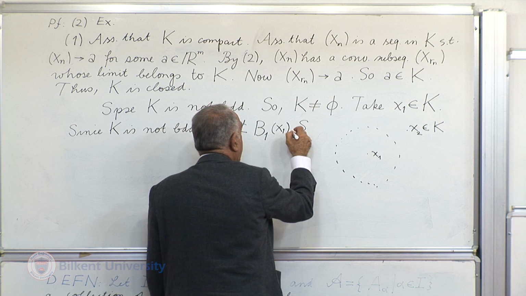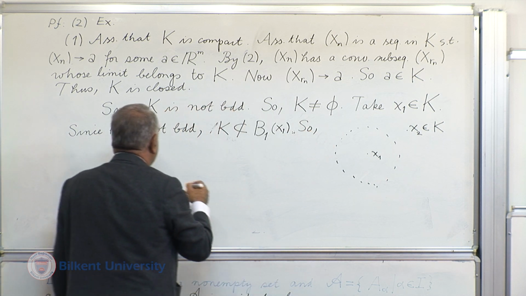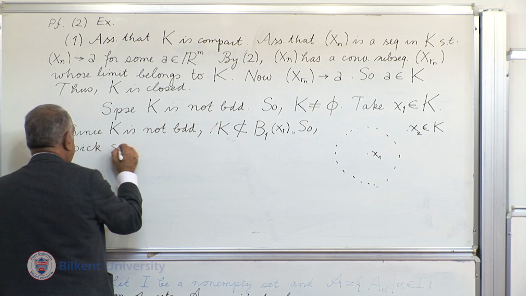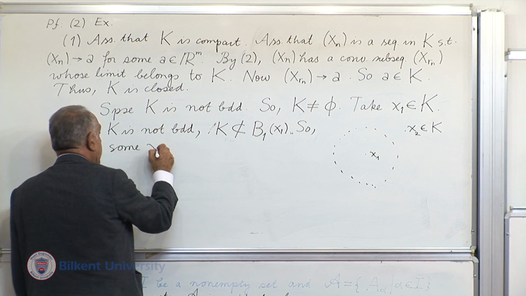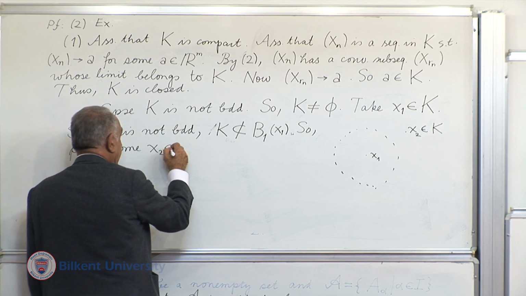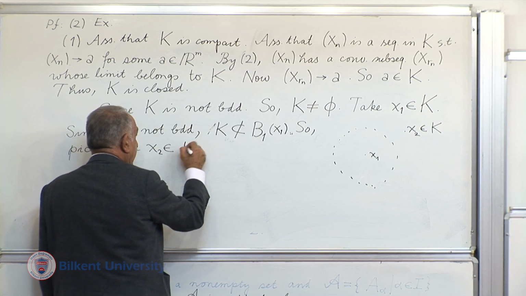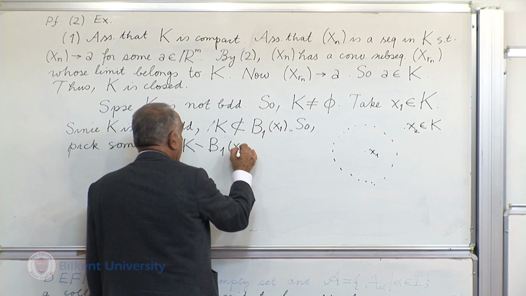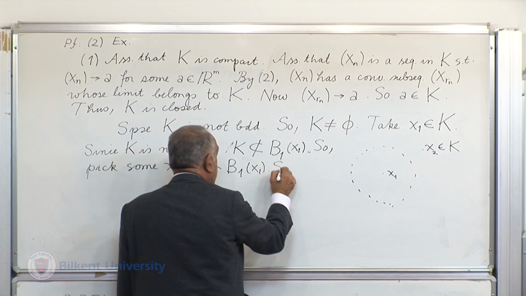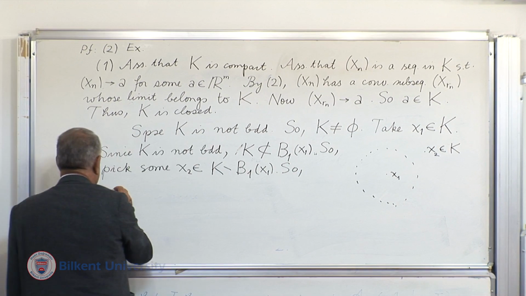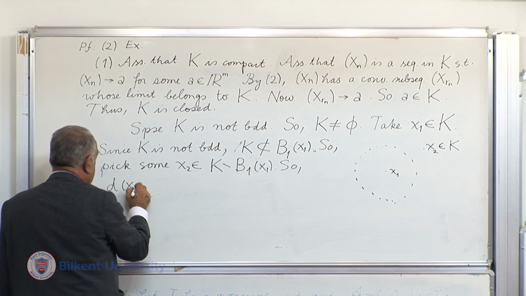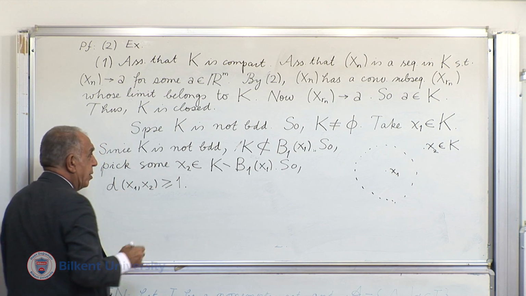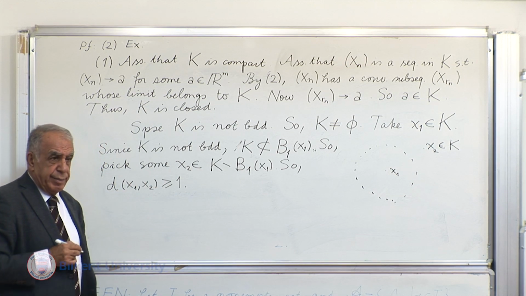So, pick some x2 in K, but not in B1 of x1. So, the distance between x1 and x2 will be larger than or equal to 1.